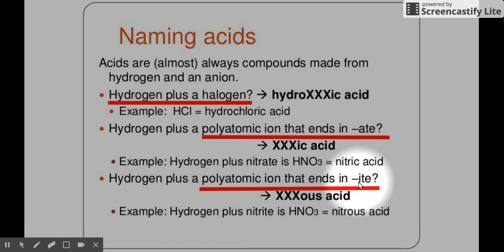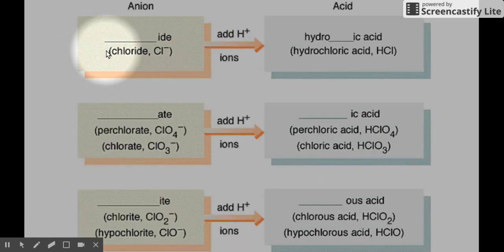So let's have this as our conclusion. If your hydrogen is paired with a halogen, then it's obvious that you're dealing with binary acids. If it's binary, always remember the prefix hydro and the ic ending on the nonmetal, and then the word acid. HCl was our example. It becomes hydrochloric acid.